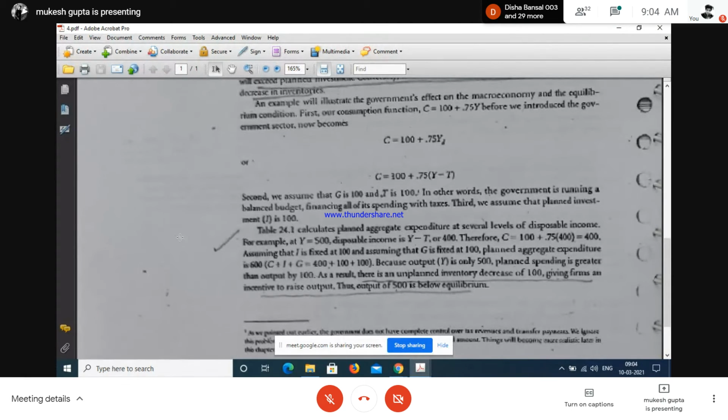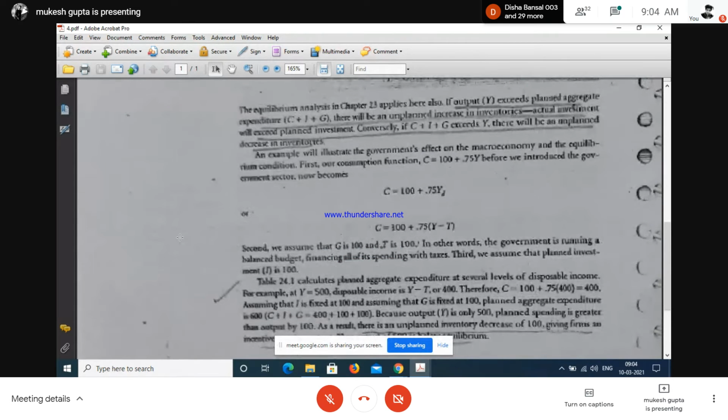Numerically, for equilibrium you know that Y should be equal to C plus I plus G. C is 100 plus 0.75 (Y minus T), plus I plus G. I is 100, G is also 100, T is also 100, and so only one variable Y is unknown in this equation. So you can just calculate Y.